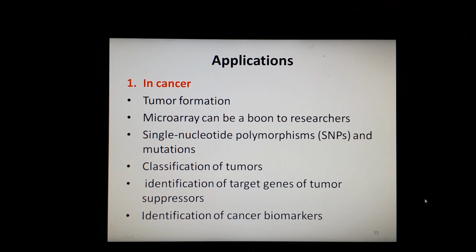This microarray technique helps especially in the identification of single nucleotide polymorphisms, which we have discussed, and mutations, classification of tumors, identification of target genes of tumor suppressors, identification of cancer biomarkers, and identification of genes that are associated with chemo resistance and drug discovery.